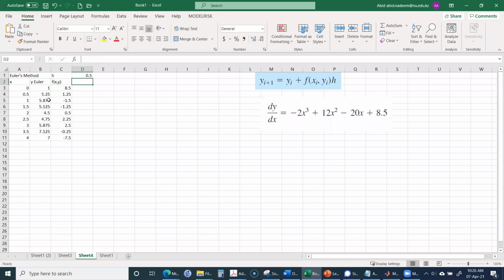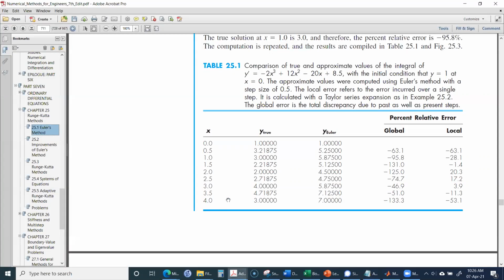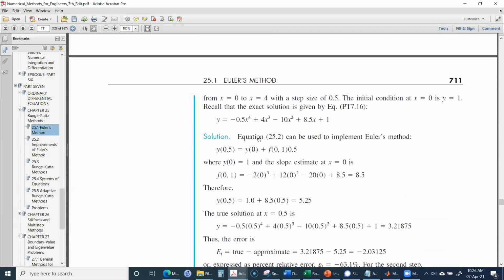And then what will be the y true? For the true value, we have this true solution here.